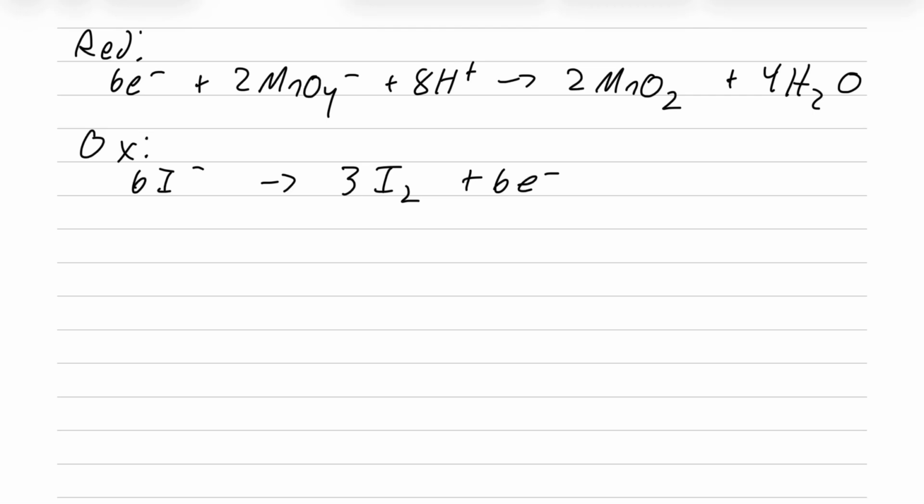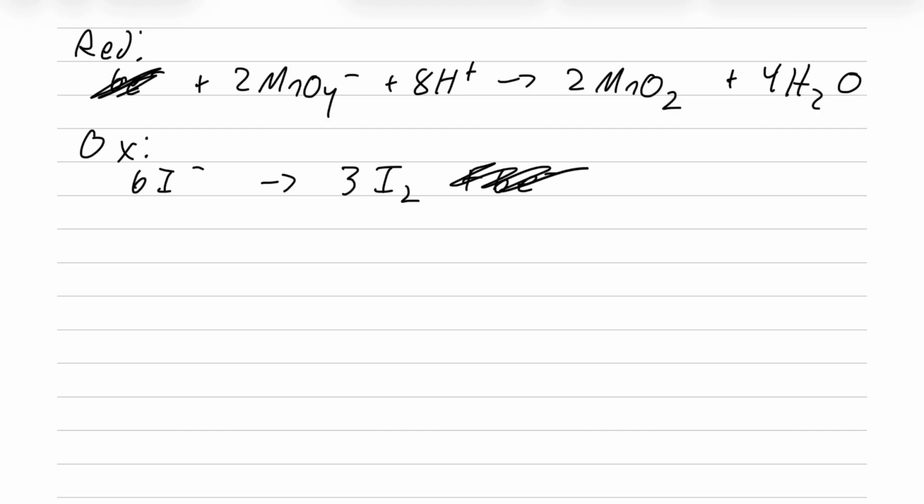A general rule in chemistry is that when you have the same thing on the left as on the right, even across 2 reactions that we're adding together to make 1 reaction, you can cancel them out. So I see I have 6 electrons here, and I can cancel them out here too. That is all that I can cancel for now.